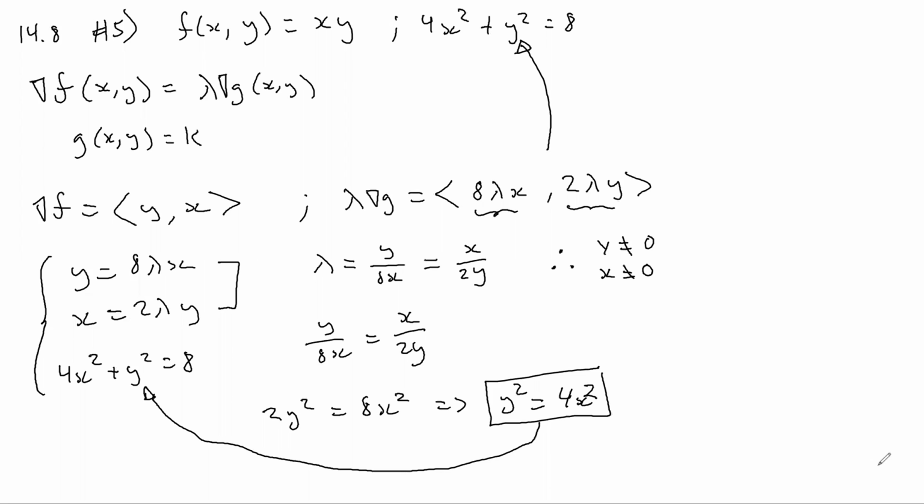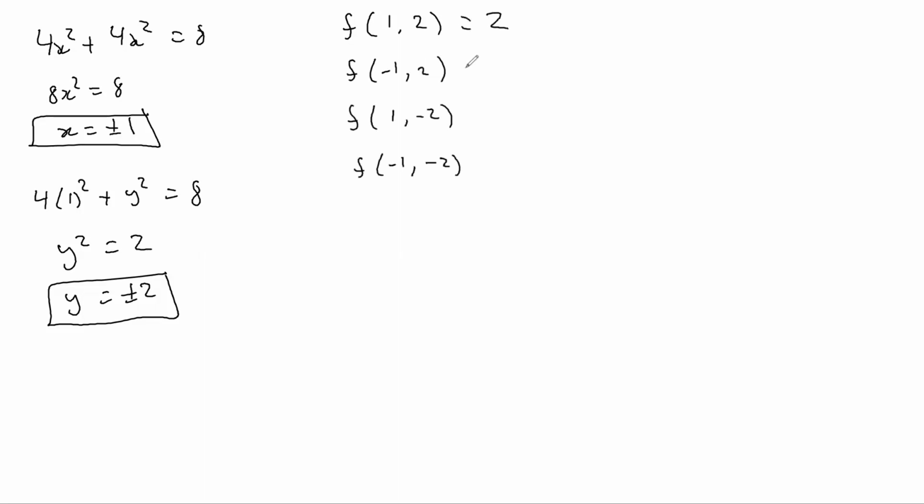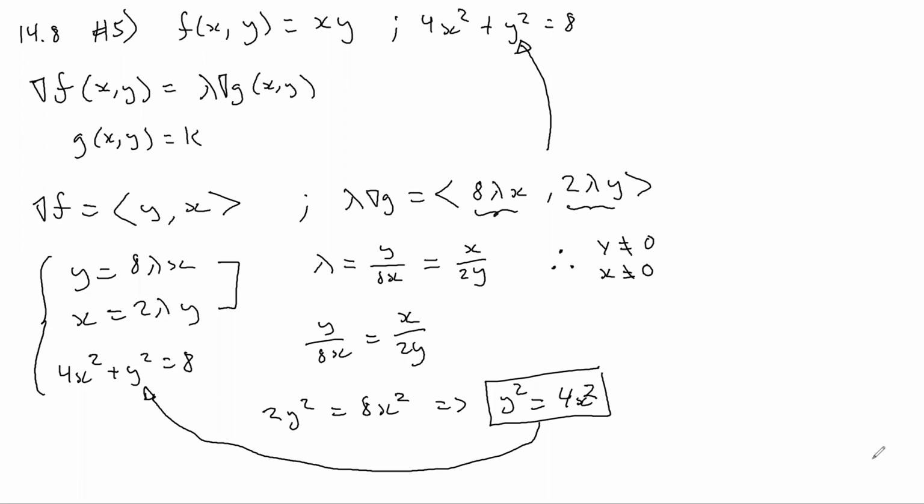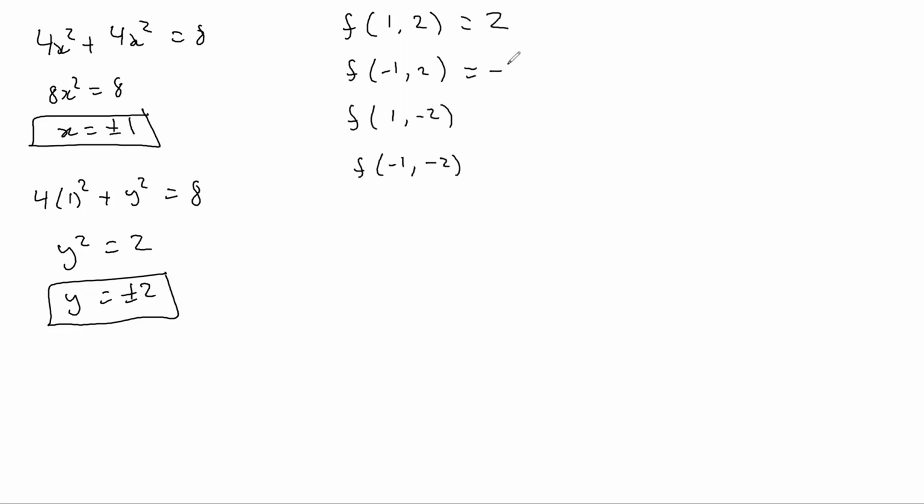All right, so let's start evaluating these. At f(1, 2), we get 2. At f(negative 1, 2), it's just going to alternate, so it's going to be negative 2, since our function f(x, y) is the same thing as xy. And then positive 2.